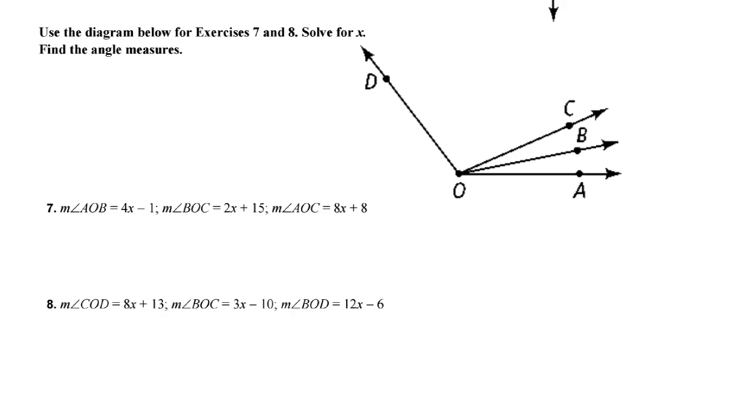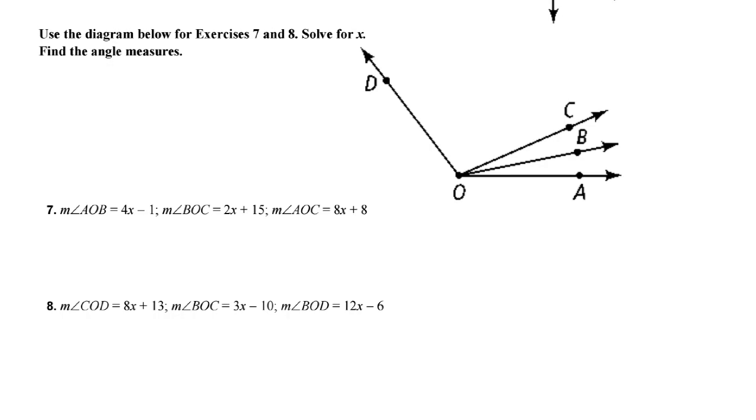Use the diagram below for exercises 7 and 8. Solve for x. Find the angle measurement. So we know that the measurement of angle AOB is going to be 4x minus 1.